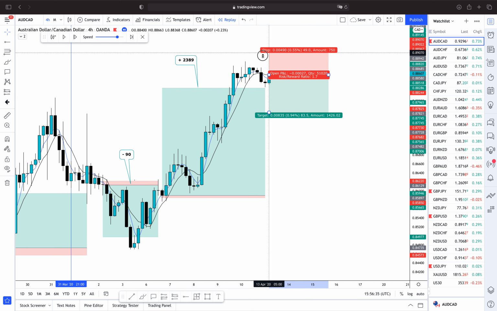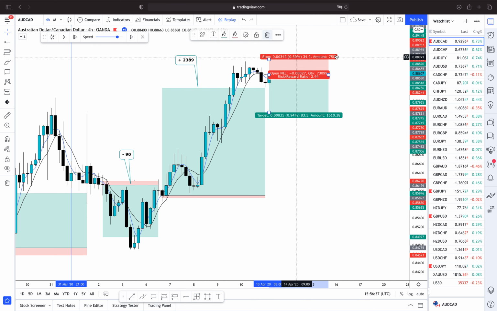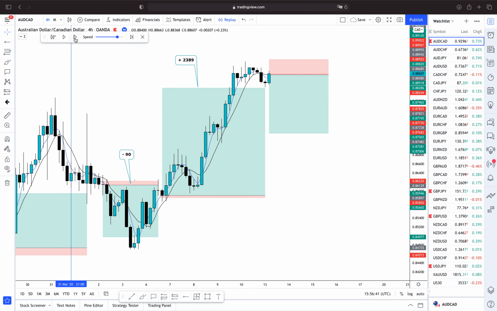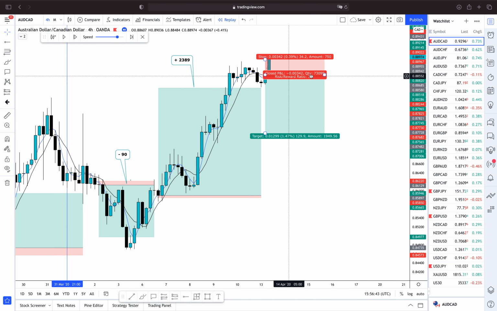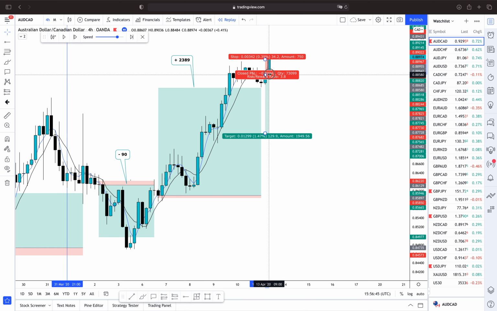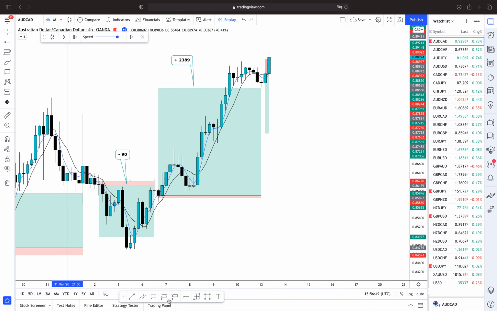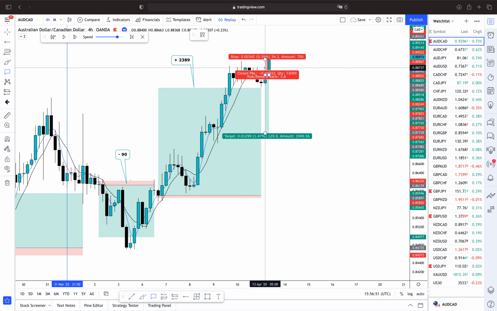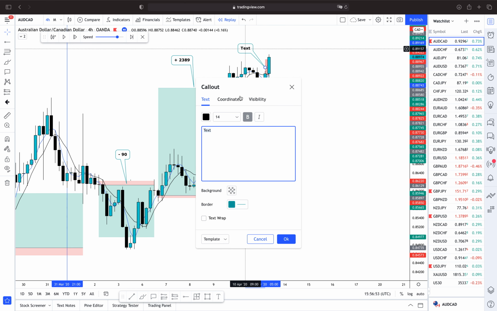Even though my stop losses are very close to the entry, I will take this trade. Yeah, I got tagged out immediately. So this is what happens with my style of trading. So that was a loss of 34 pips.